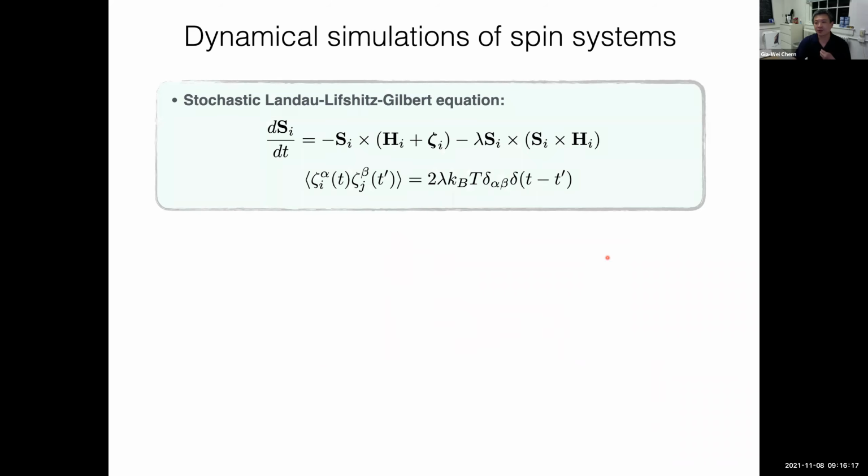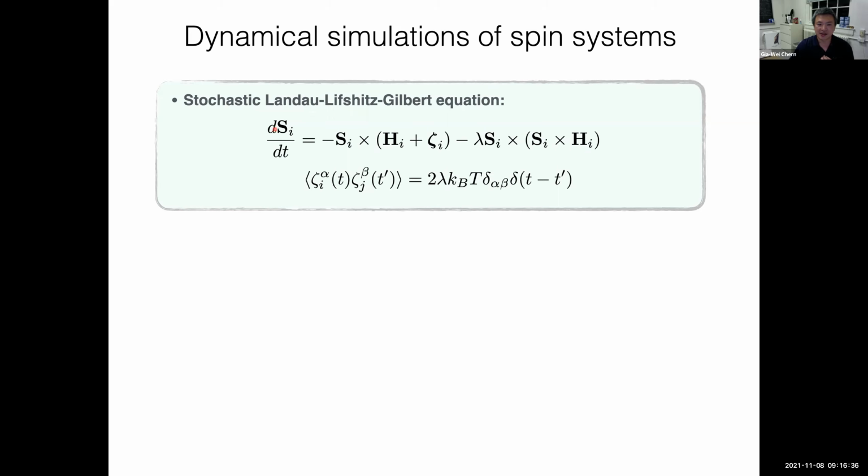Okay, so now here we want to simulate this phase separation phenomenon, which means we want to perform dynamical simulations for the spins. And that means we need to numerically solve this stochastic Landau-Lifshitz-Gilbert equation.